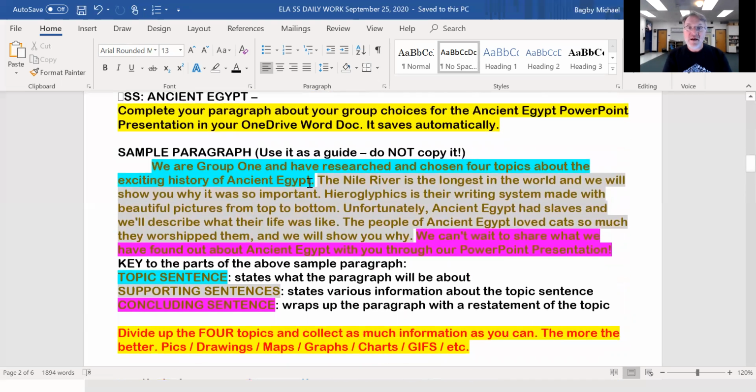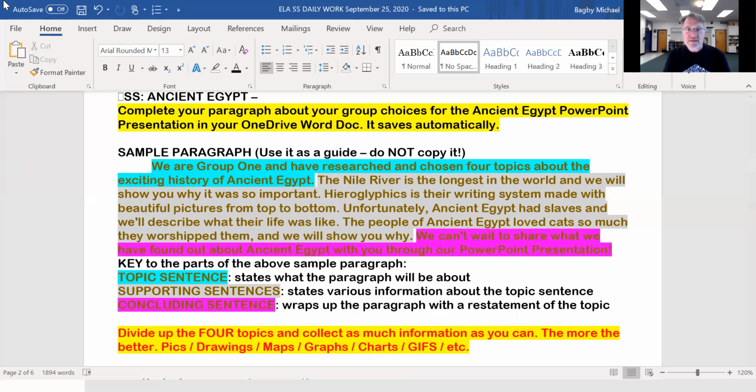I'm going to read this out loud. This is a sample paragraph. Your PowerPoint is not due today, and I keep answering the same question, so please listen. Your paragraph is due today from your group that explains and lays out exactly what you guys are going to be covering on your Ancient Egypt project.